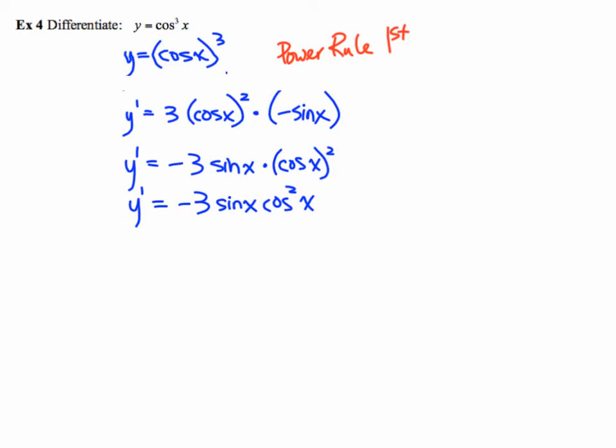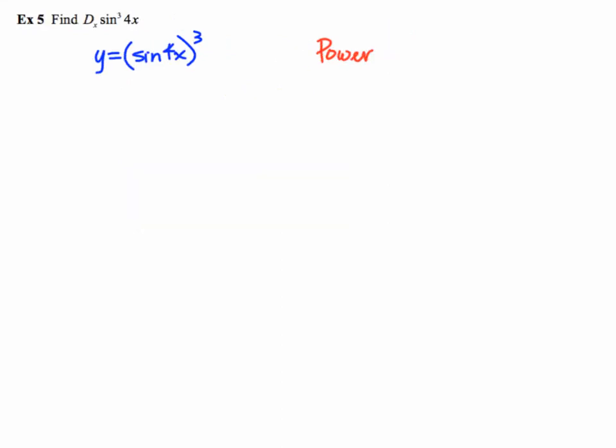Example 4 asks me to take the derivative of sine cubed of 4x. So again, I can rewrite this: sine 4x, all in brackets, cubed. And first I'll need to take the power rule. So the power rule tells me to bring the exponent out front and subtract 1 from the exponent.